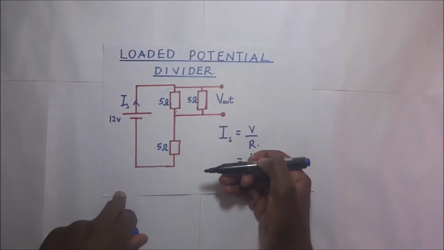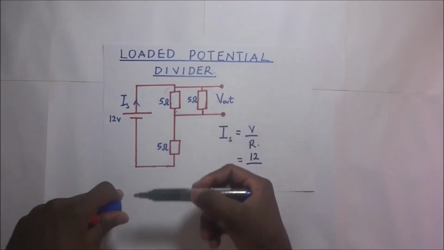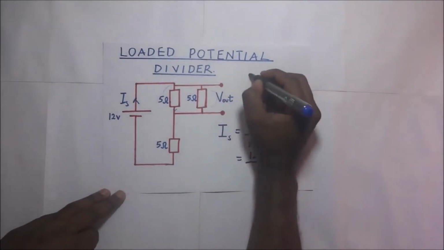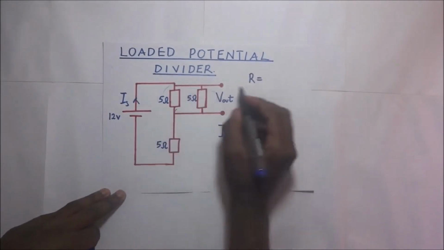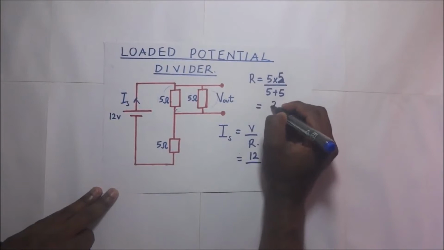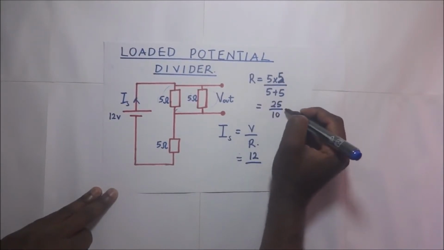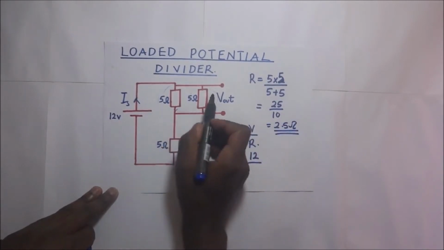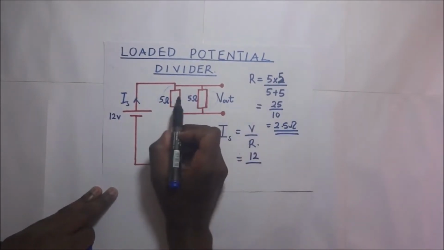So we first find the effective resistance across the parallel combination, which is 5 times 5 over 5 plus 5, which is 25 over 10, giving us 2.5 ohms. So the effective resistance across that combination is 2.5 ohms.